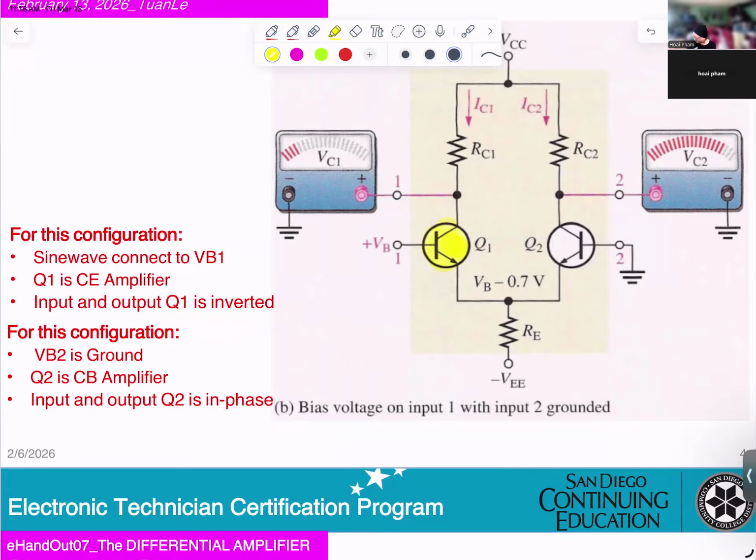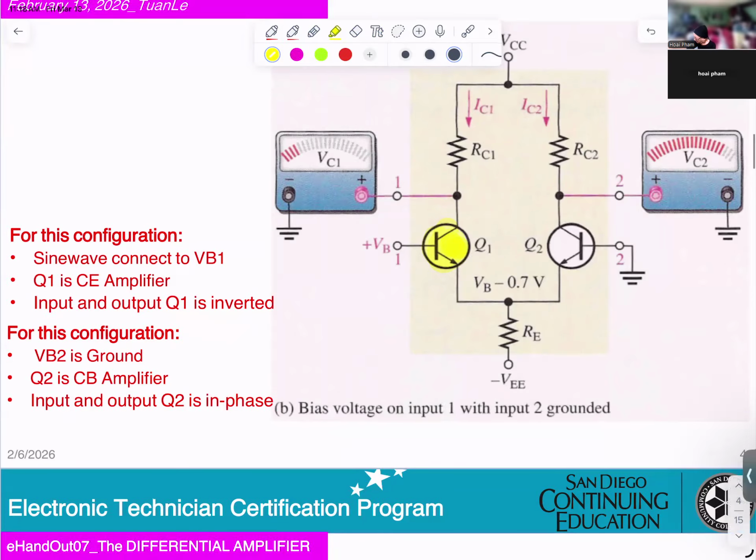Then Q1 will be the amplifier. And if you look at the input, you can see this is the input, and the output here will be opposite. Okay? Now, they connect the base of Q2 to ground.